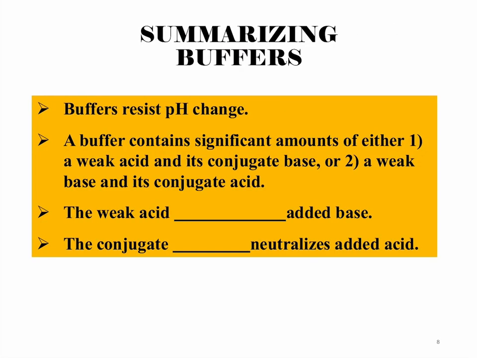So it neutralizes the added base when we add it to the buffer system. And in that system, if we add acid to it, what would then neutralize that acid? Yep, it would be the conjugate base that neutralizes the added acid.